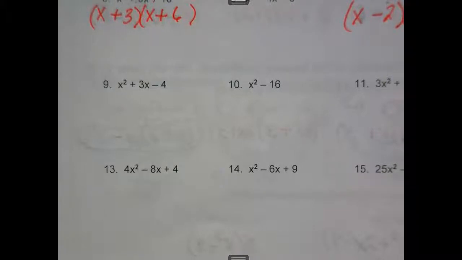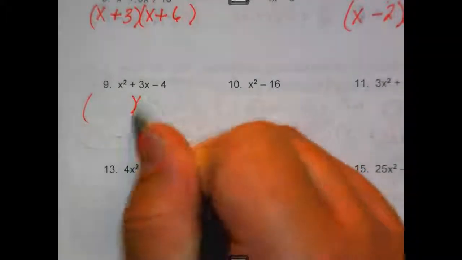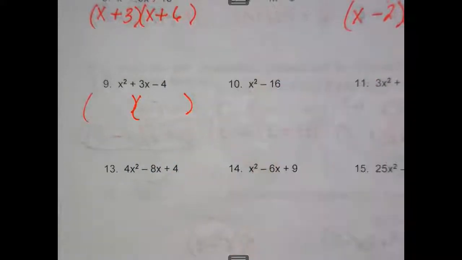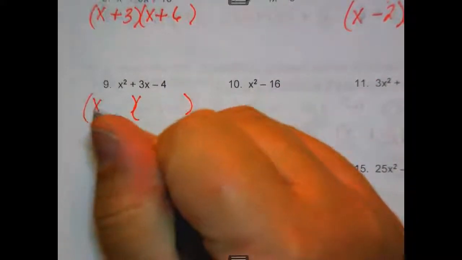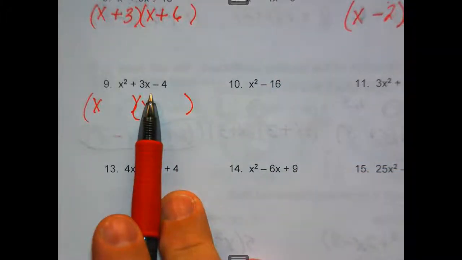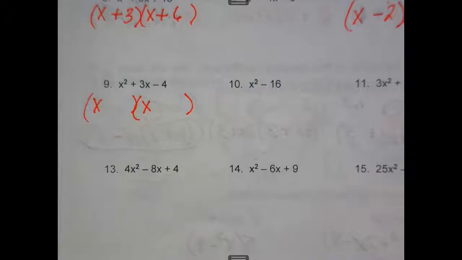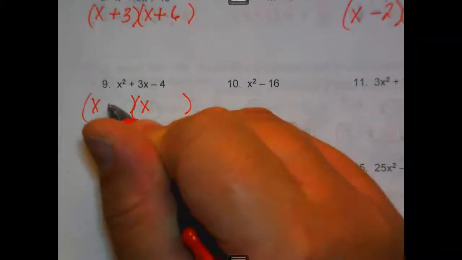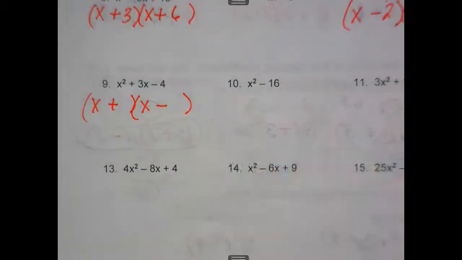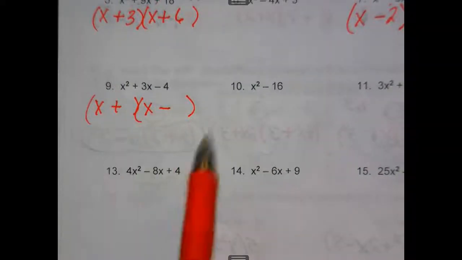All right, number 9. Okay, my a is 1, so I have x times x. Now they multiply to a negative number, so what are my signs? It's the only way I can multiply two numbers together to get a negative product: positive and negative. So one has to be positive, one has to be negative. What's going to happen when I do the inside-outside?